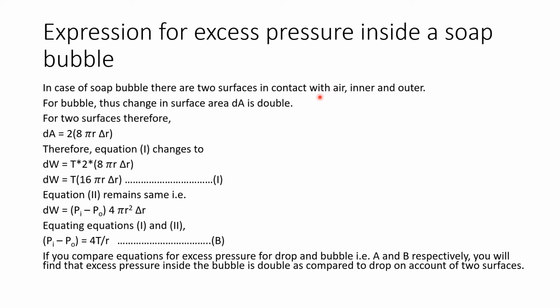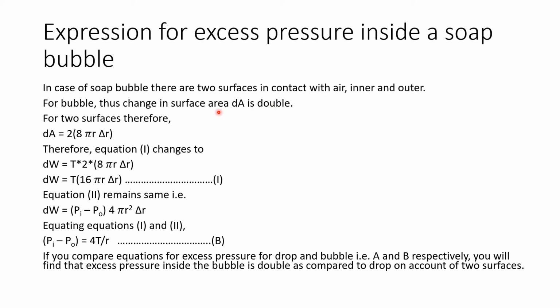All of you must have blown soap bubbles in childhood. If you recollect the formation of the bubble, you will find that there is a soap film, and inside the soap film the air is trapped. In this way the soap bubble is formed, and that is why the soap bubble has two surfaces in contact with the air, one outer surface and the other the inner surface.